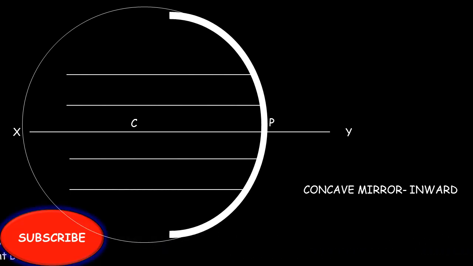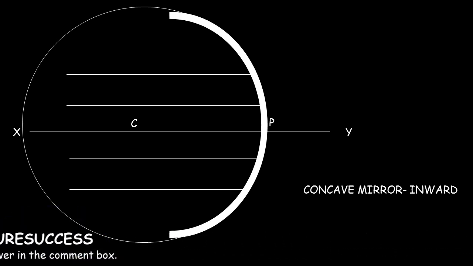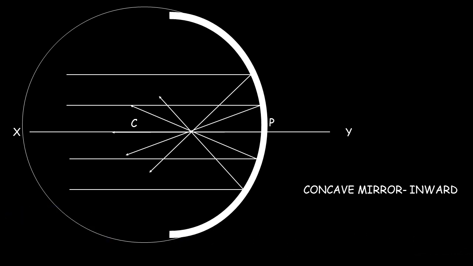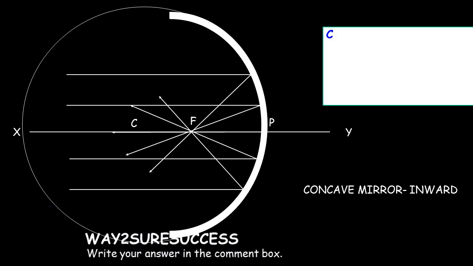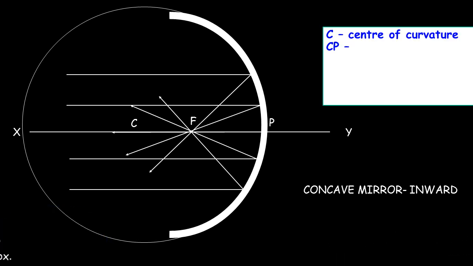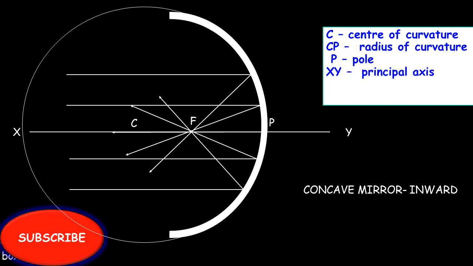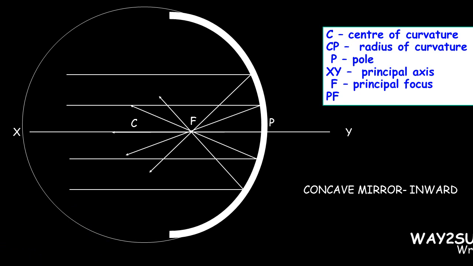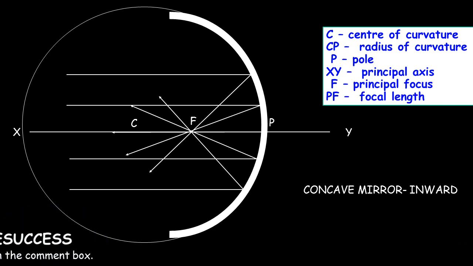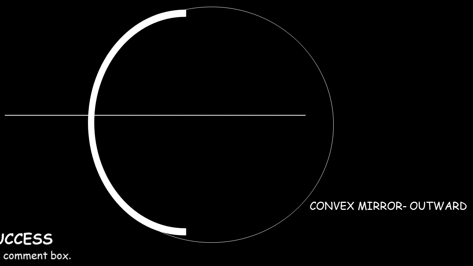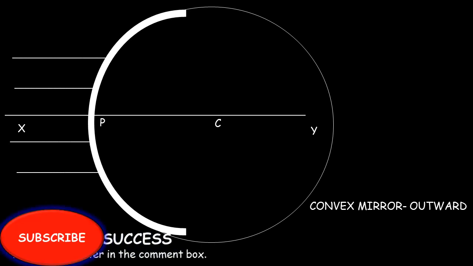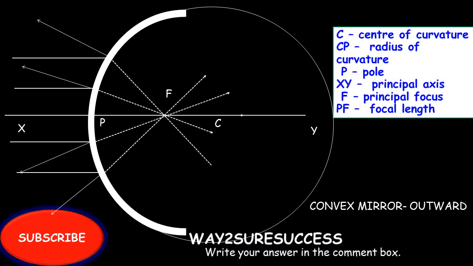Rays of light parallel to the principal axis that, after reflection, meet at a point on the principal axis in a concave mirror, that point is called the principal focus. Rays of light parallel to the principal axis that, after reflection, get diverged and appear to come from a point on the principal axis behind the mirror, that point is called the principal focus.